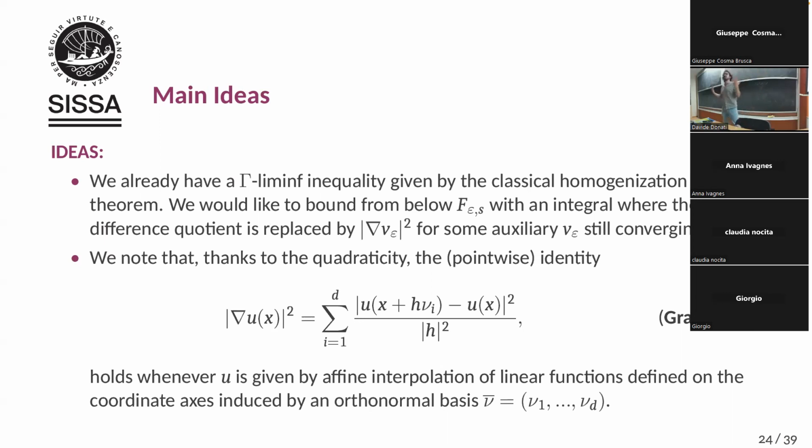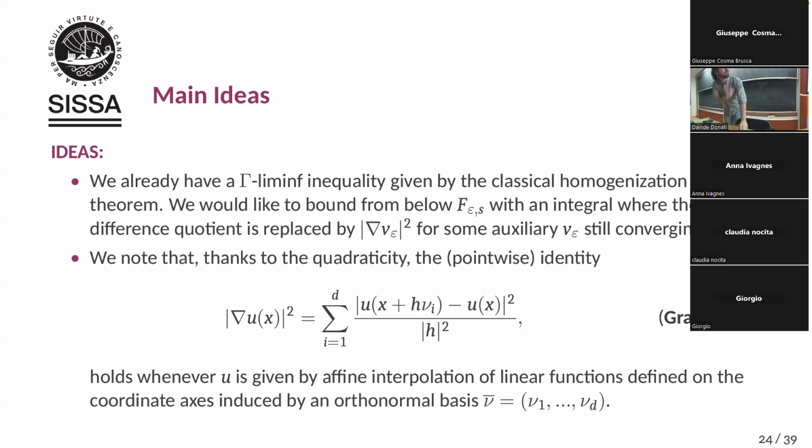So this gives us a hint on how to choose these functions v epsilon, and we should choose them in such a way that at least locally they are piecewise affine, so that we can use this beautiful inequality to transform difference quotients into gradients.